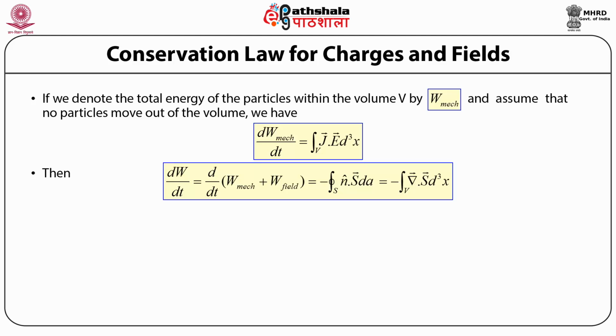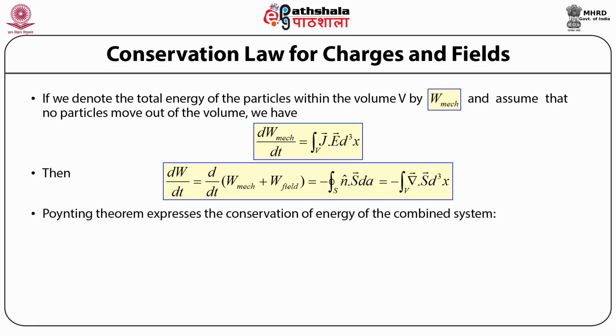And then using Gauss's divergence theorem, the surface integral can be converted into a volume integral and can be written as minus the volume integral over d cube x of the divergence of the Poynting's vector S. So in this sense, the Poynting's theorem expresses the conservation of energy of the combined system.